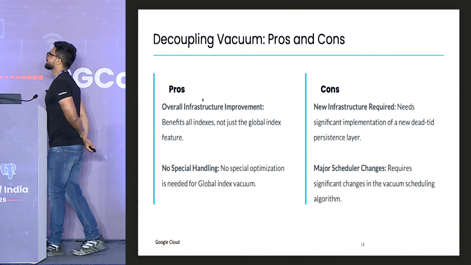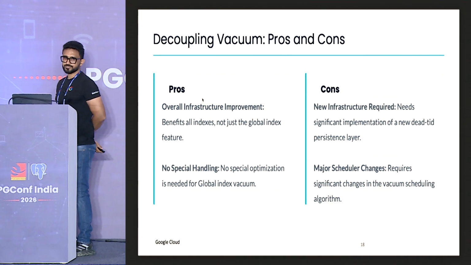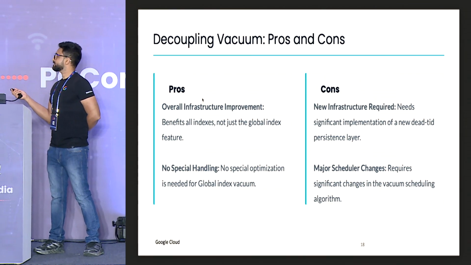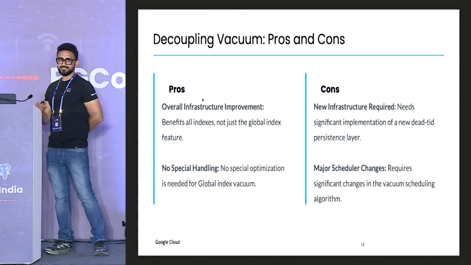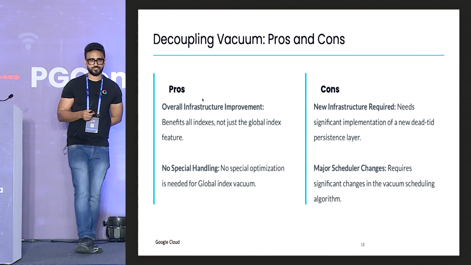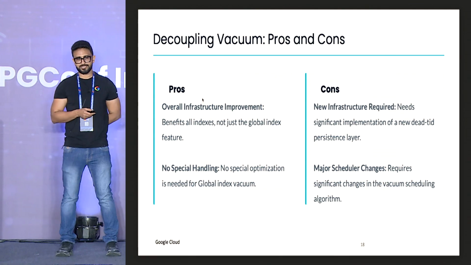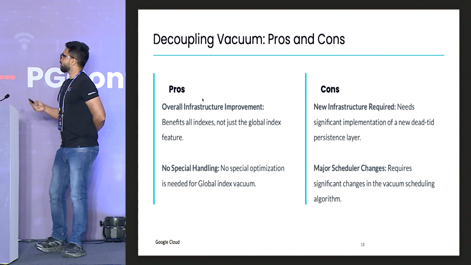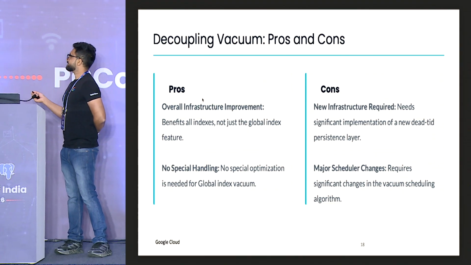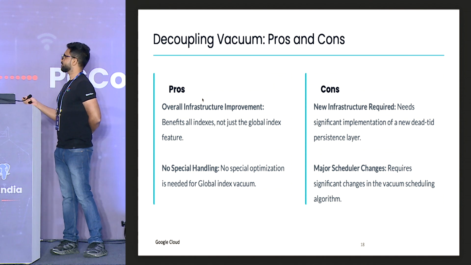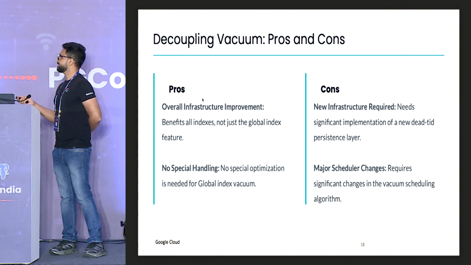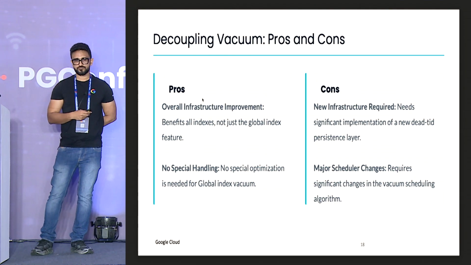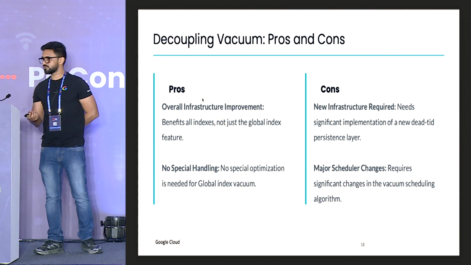What are the advantages and disadvantages of this approach? This is an overall infrastructure improvement and benefits any other indexes and vacuum itself, not specific to global indexes. And as I told, no special handling is required for the global indexes. The problem is it requires a completely new infrastructure for storing and persisting the TID layer, and also requires a lot of changes in the scheduler.